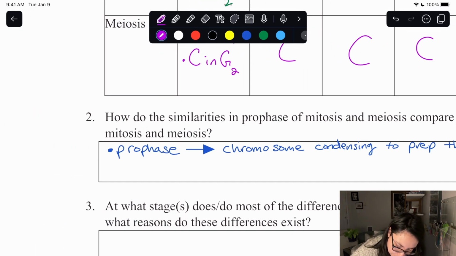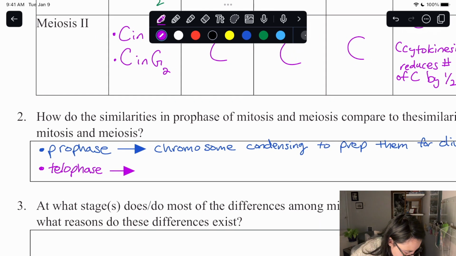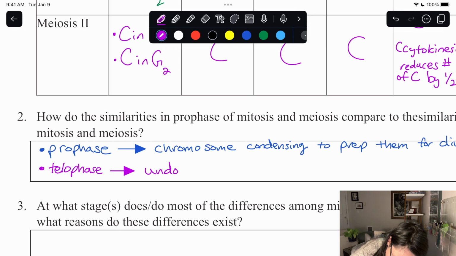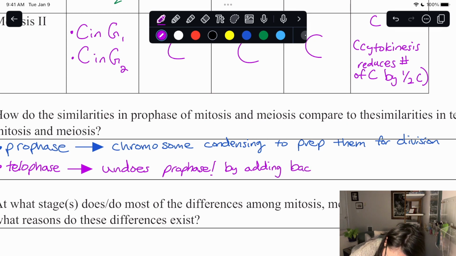And then telophase. Telophase here is basically undoing prophase, adding back the nuclear envelope.